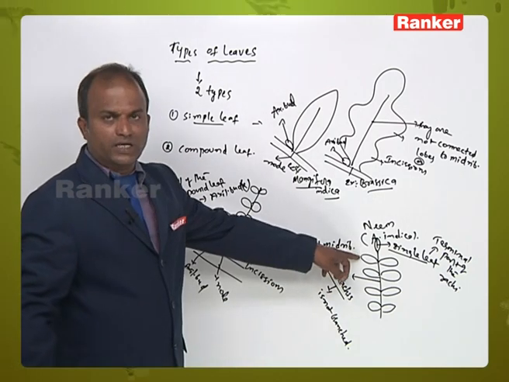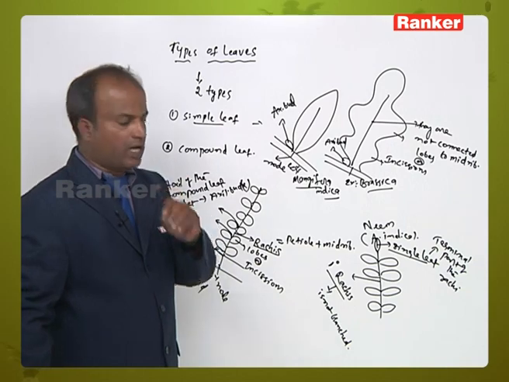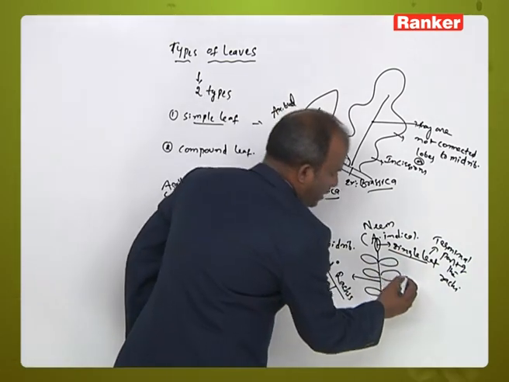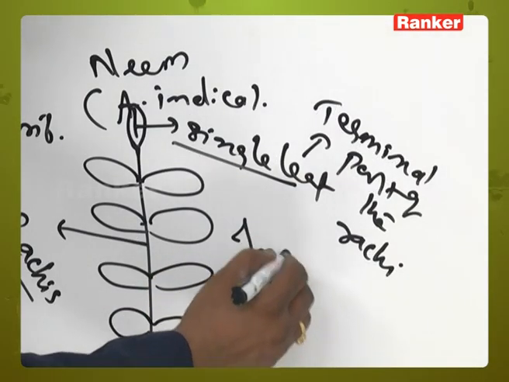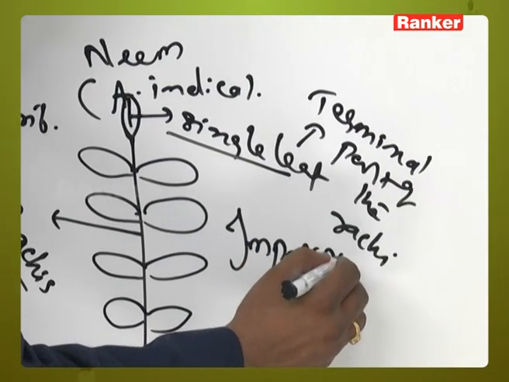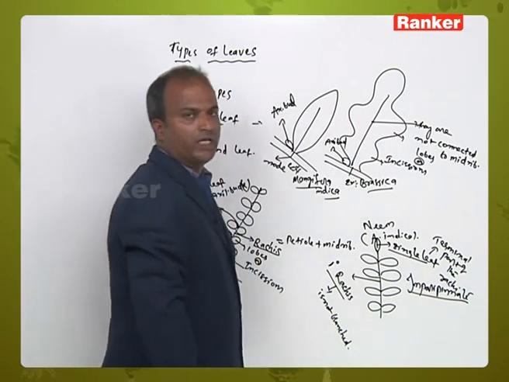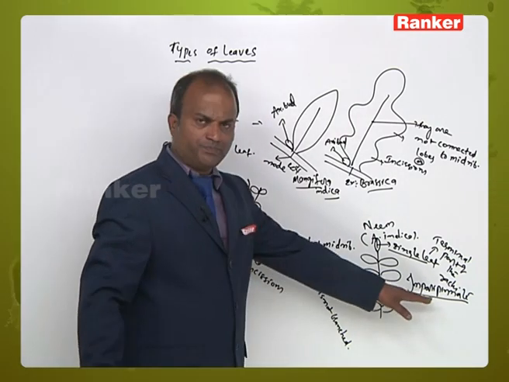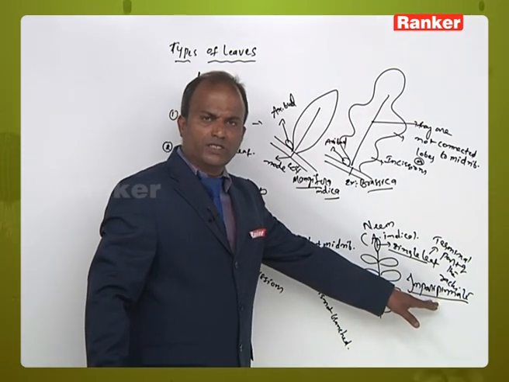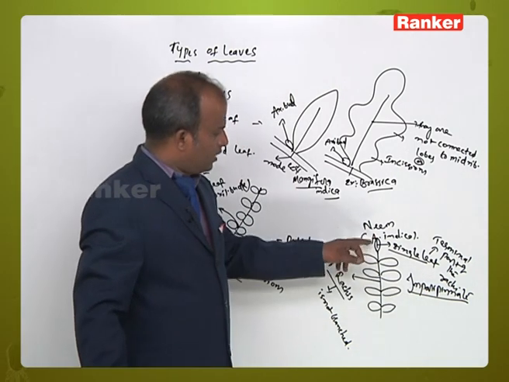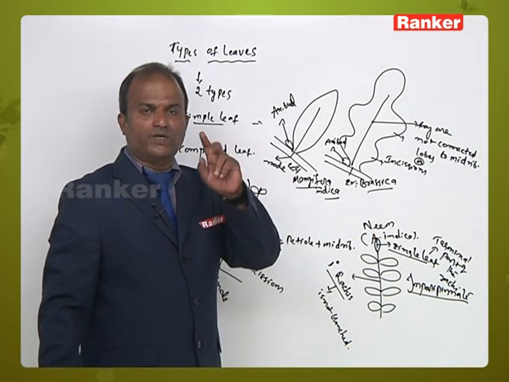Can we call this arrangement of leaflets imparipinnate or paripinnate? It shows an imparipinnate arrangement of leaflets. Imparipinnate arrangement means the terminal part of the rachis ends with a single leaflet, not two leaflets.